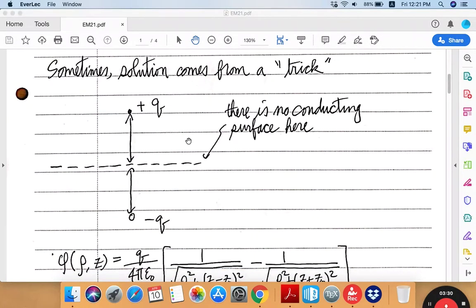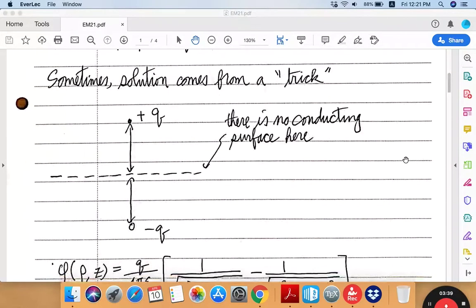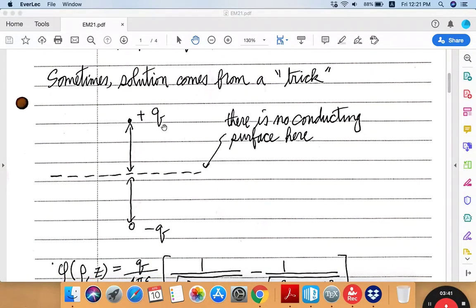So instead of considering this problem of one charge and one infinitely large plate, we're going to consider a problem of one charge and another charge of opposite sign and no conducting plate in between.